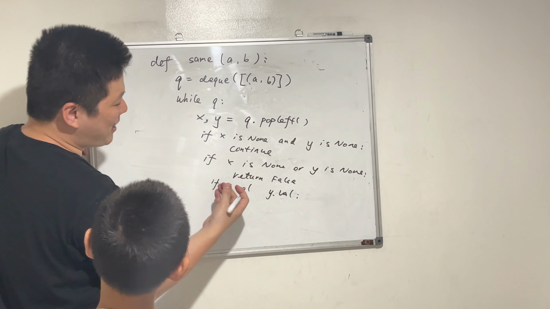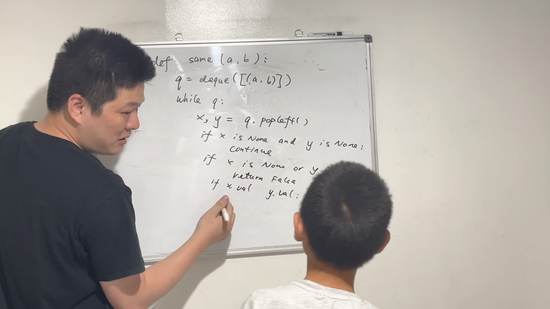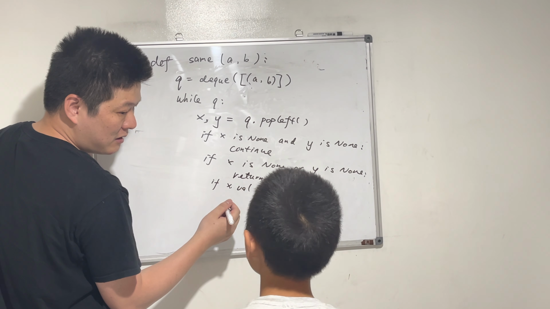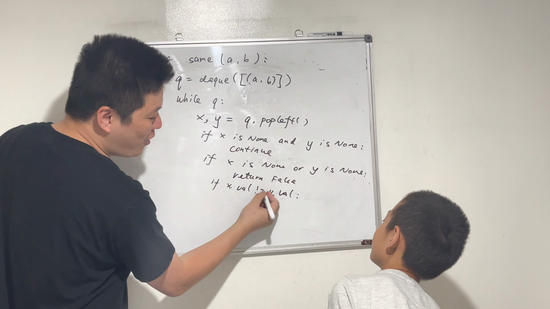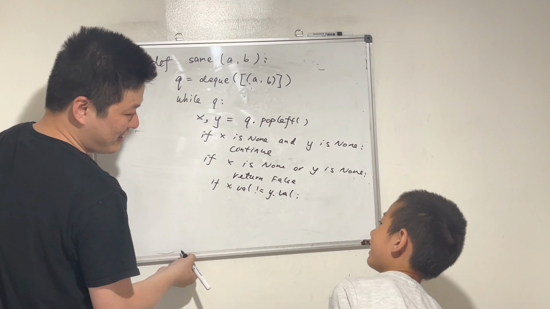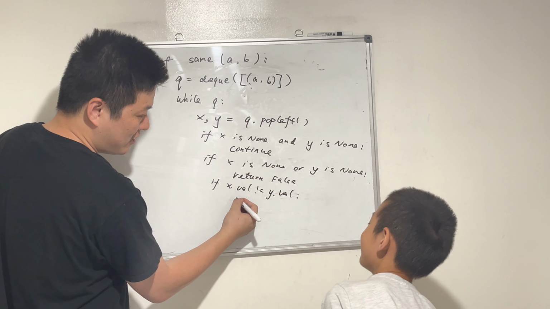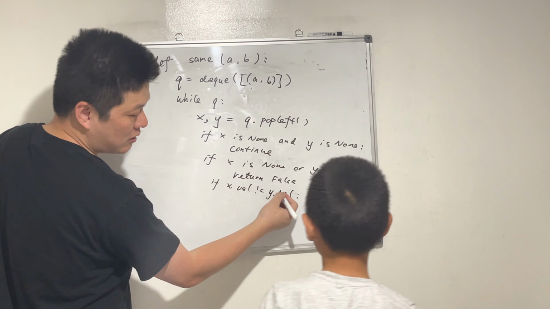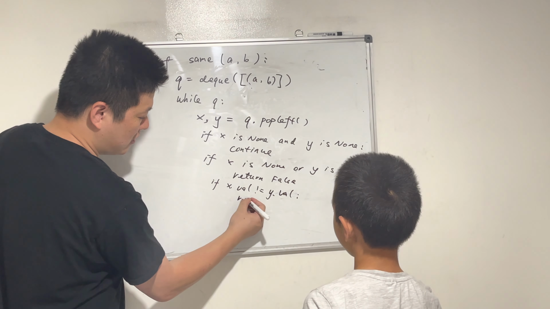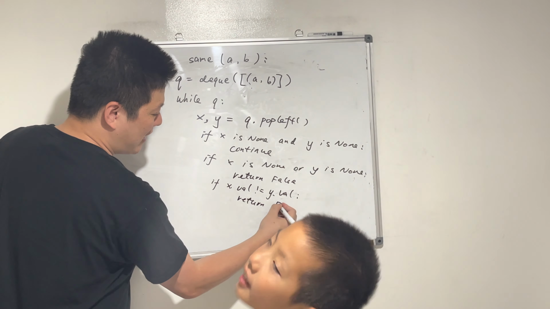How do we compare? Equal. How do you write not equal? If it's not equal, right? Not equal. Okay. If X dot value not equal Y dot value, return false. Yeah, that's it.